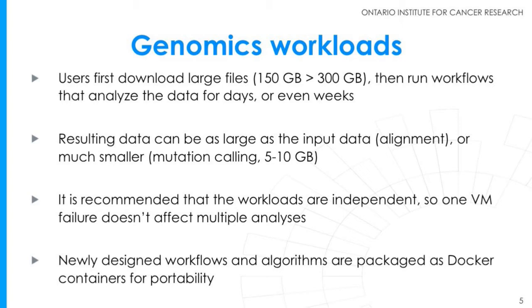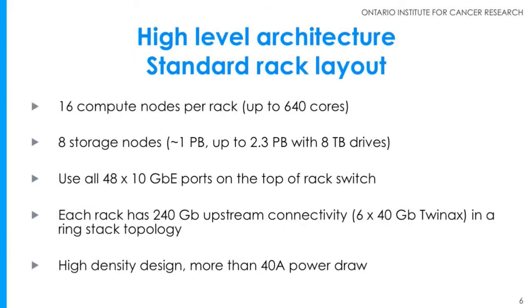And we have plenty of local disk space, allowing the VMs to use the local disk in the compute nodes instead of using any kind of shared resources. The high-level architecture for this environment is basically using high-density compute chassis. We have 16 compute chassis in just 8U of space in the rack. The rest of the space is used for very large storage nodes, 4U chassis with 36 drives.